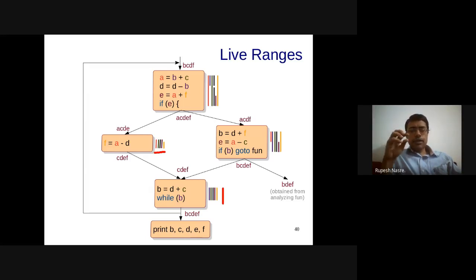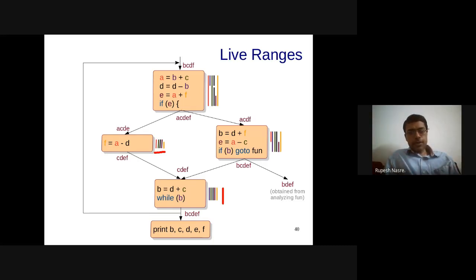So, if you say that B is going to be a single node, then B is going to have a new range starting at the definition as soon as the definition of B happens, right? So although it will have the same node, it's not going to affect the live range with respect to the same variable earlier.